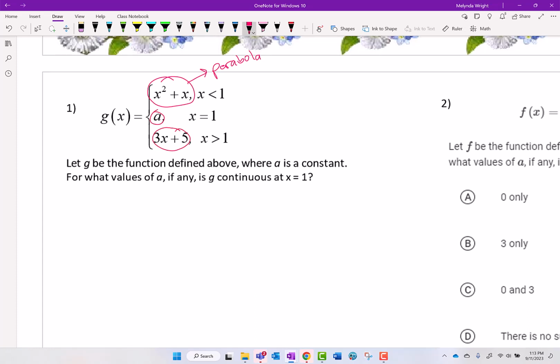And this is a line. Are lines continuous? Yeah, there's no holes in lines, right? It's fine. So where is our danger? Our danger is when they connect. This part right here is where the danger lies. This is where the function may not be continuous.